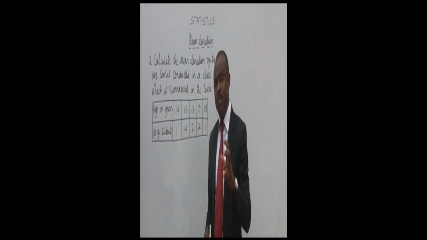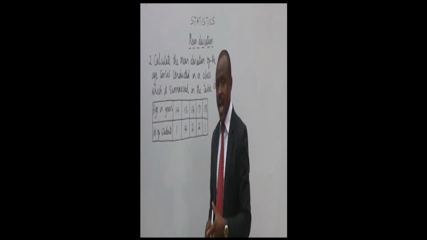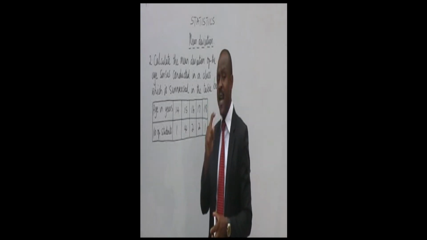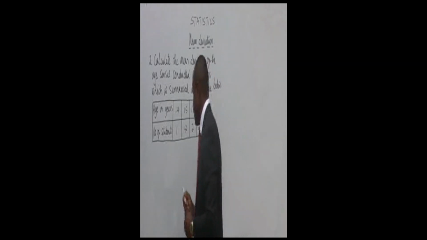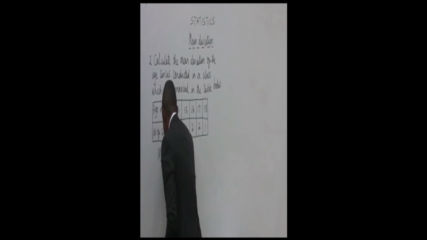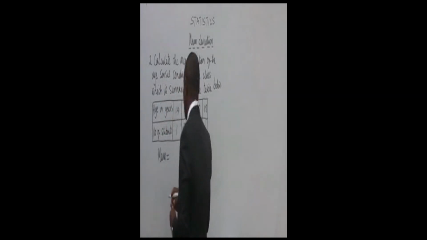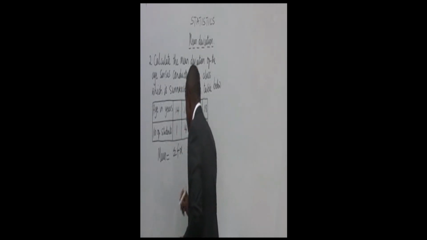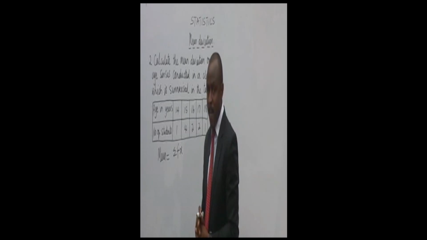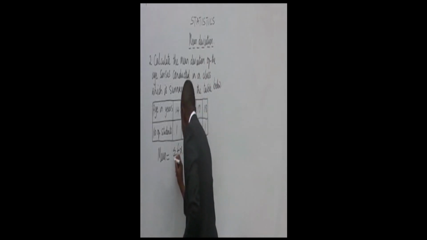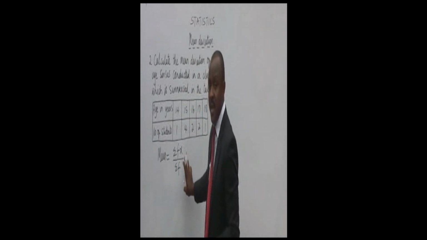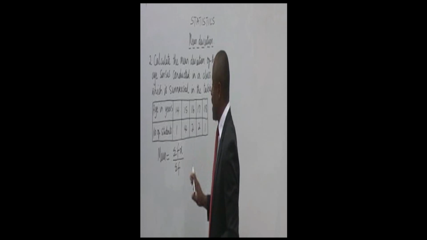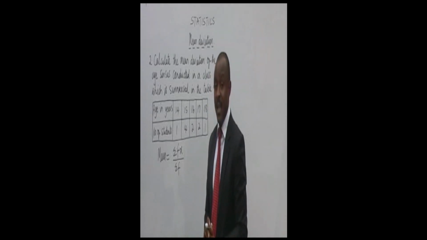And in our earlier stage, I told you that the formula for finding mean in a distribution that has frequency is: we calculate from this formula the sum of the product of frequency and the numbers divided by sum of frequency. This will give you the mean.